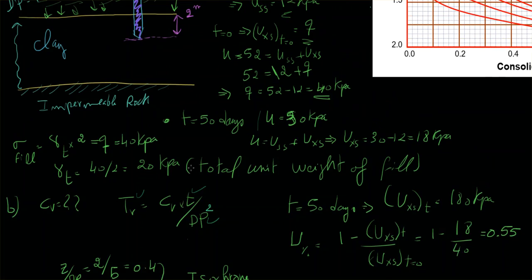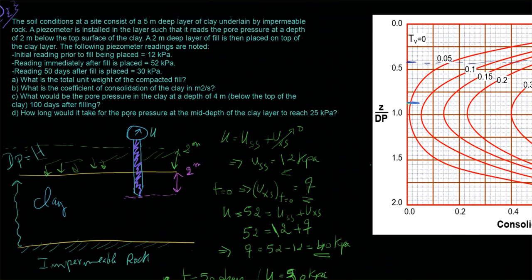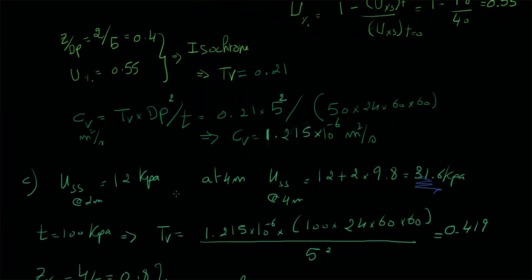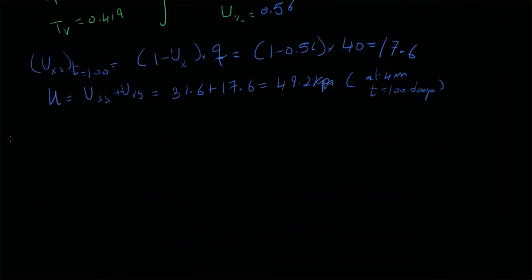Now for question D, how long would it take for the pore pressure at the mid-depth of the clay layer to reach 25 kPa? So at mid-depth, obviously, Z is 2.5 meters, which is 5 over 2. And my total water pressure should reach 25 kPa. And again, this breaks up to USS plus UXS.